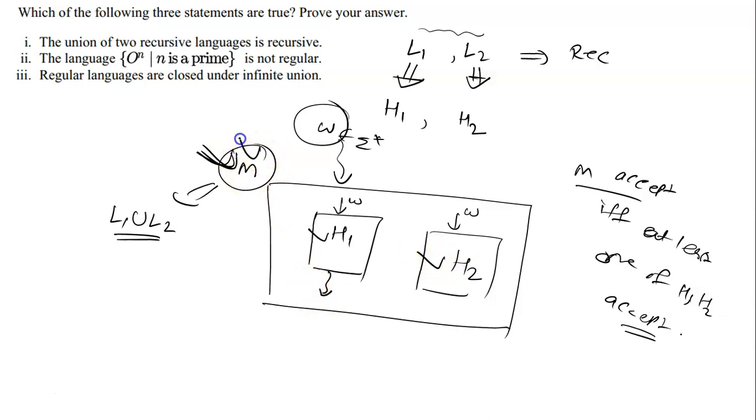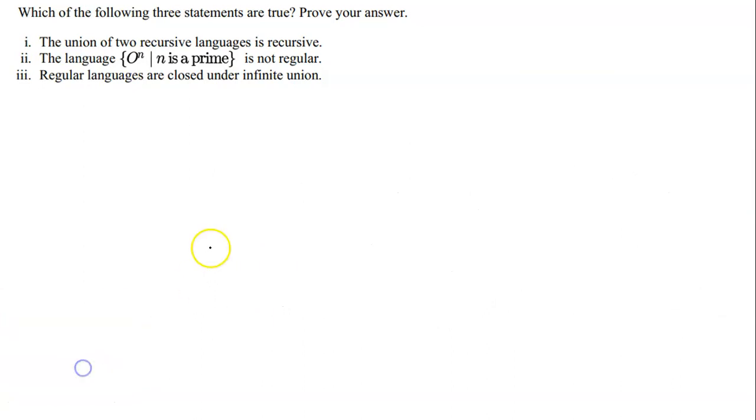So M will halt if and only if both H1 and H2 halt, and in that case M will also halt. This is why M is a halting Turing machine and the language of M is L1 union L2, and hence L1 union L2 is a recursive language, because for L1 union L2 we have a halting Turing machine. So this statement is true.